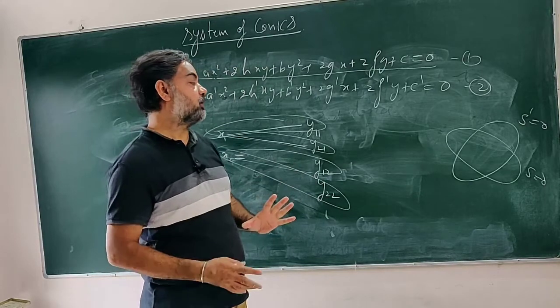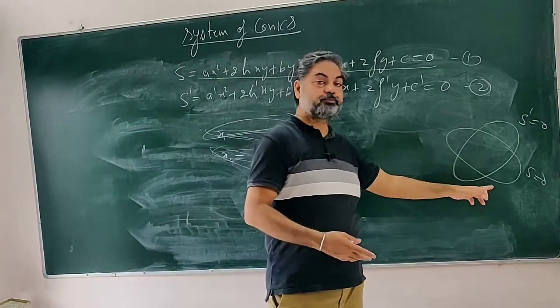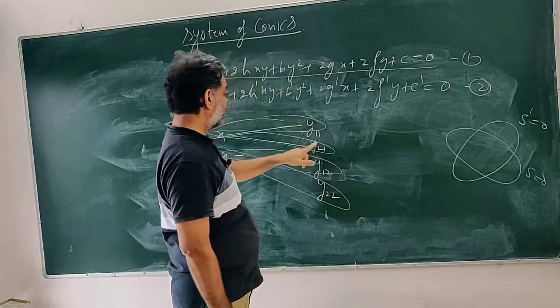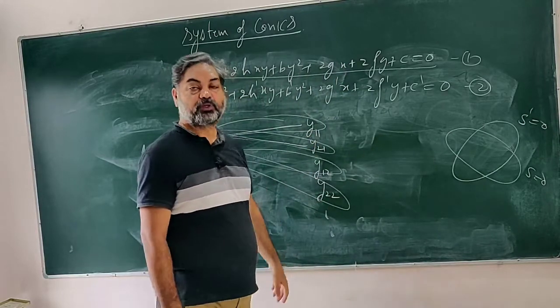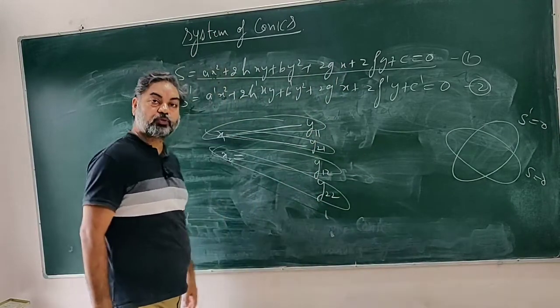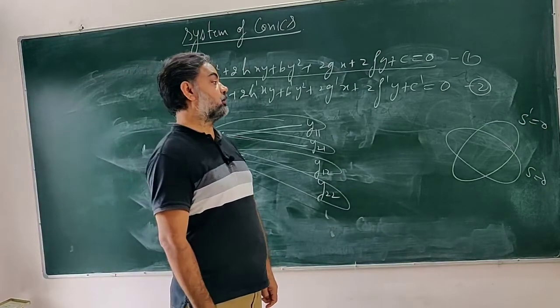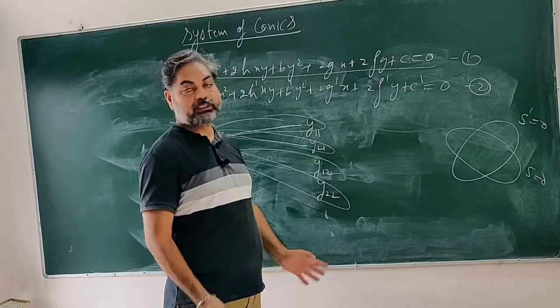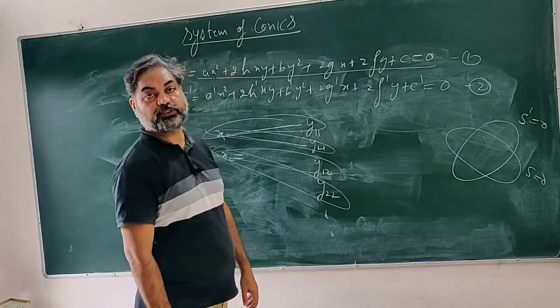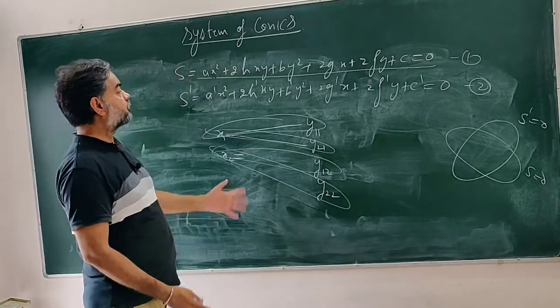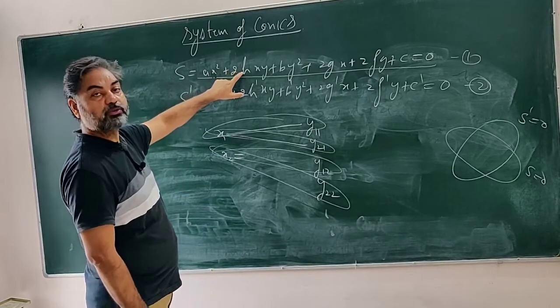So in total, if two conics intersect, they intersect at 4 points, and those 4 points may be all real, or some points may be real and some points imaginary. How do we find out? We solve this equation.